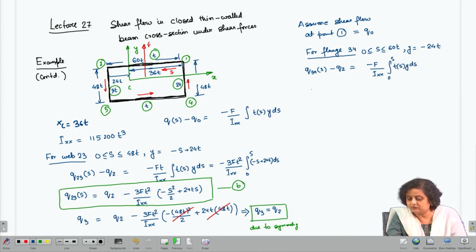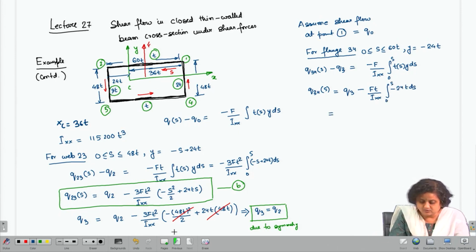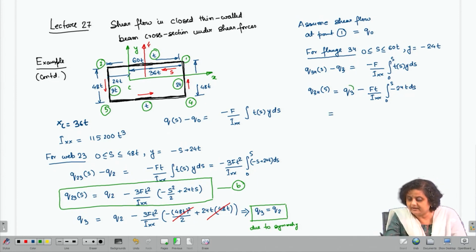Now, Q34S minus Q3, so it is going to be Q3. Now, my integral is Ft by Ixx into 0 to S of minus 24t ds. This Q3 we know is going to be equal to Q2.